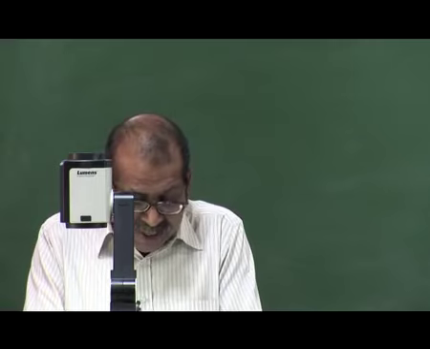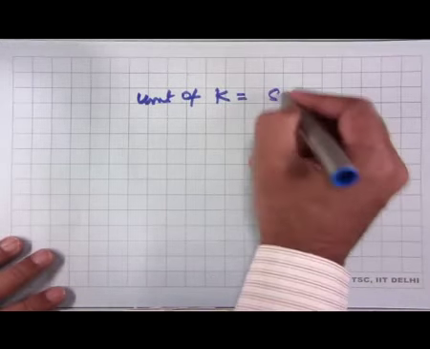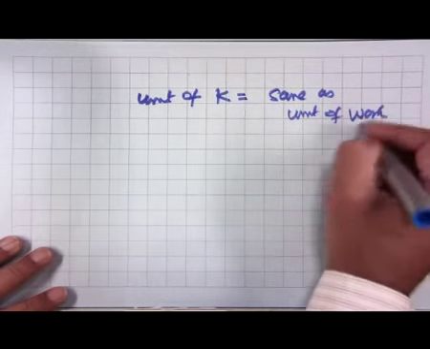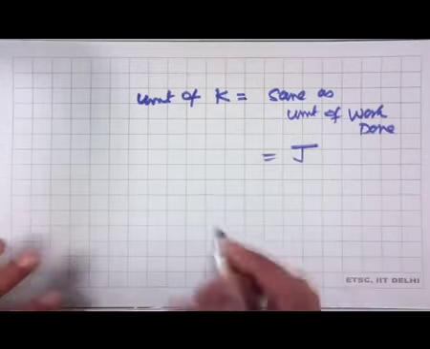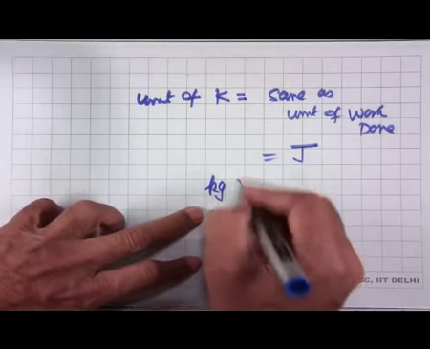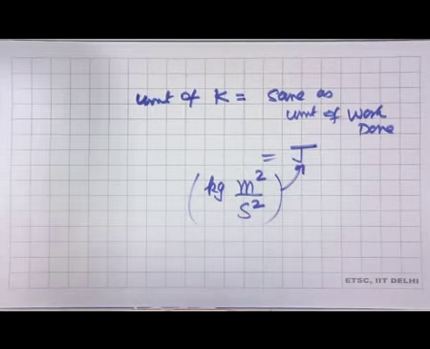The unit of K is the same as the unit of work done, that is joules, and this can be checked. m is in kg, v square is meter square per second square, and this is the same unit which you will get for work done, which is joules. So, in SI units, the unit of kinetic energy is joules.